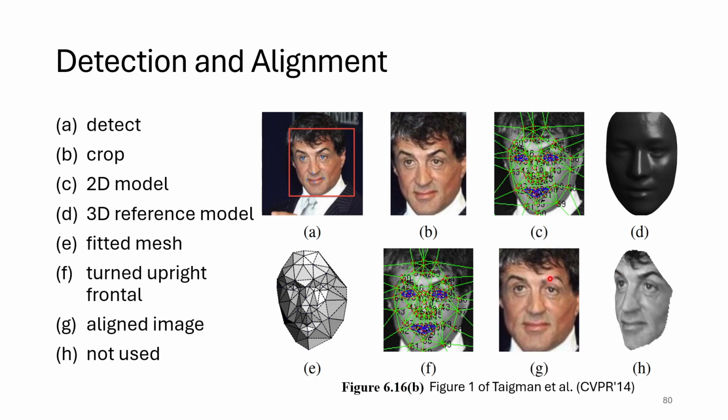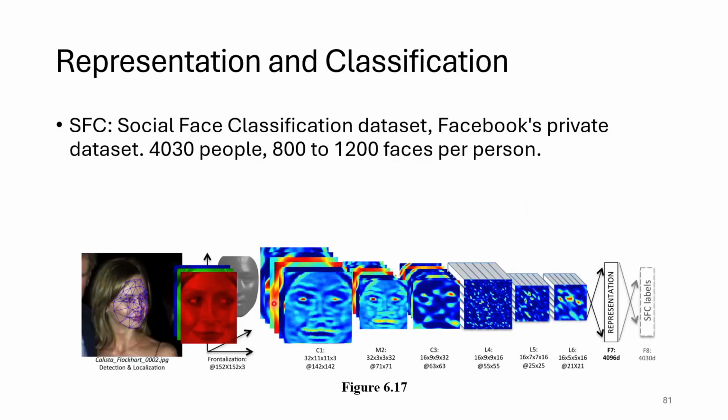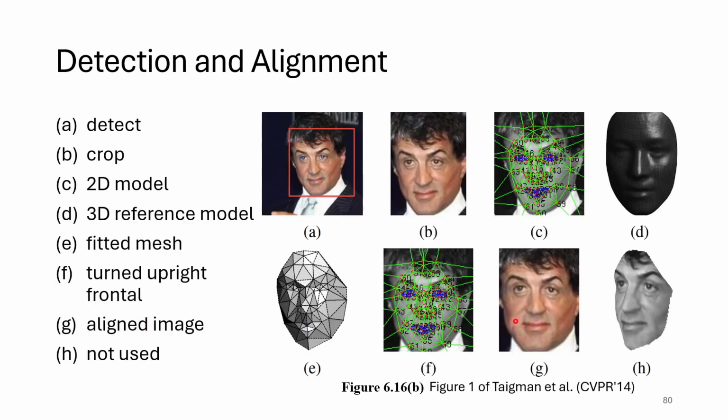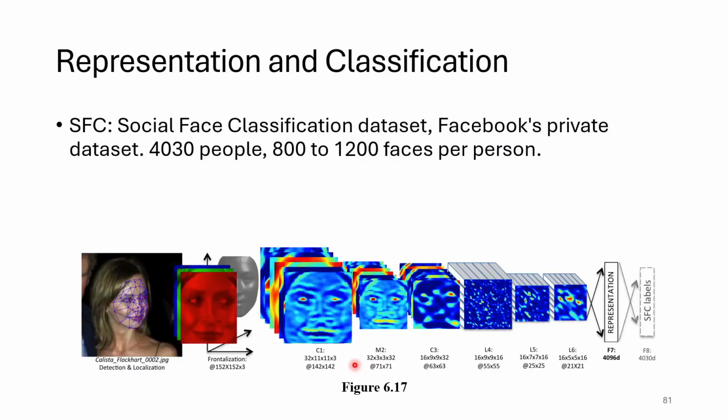Until step G, they get what they want. As we say, a neural network is a function, so they need a unified input. The unified input is the face G. The resolution is also predefined, 152 by 152, 3 channels.